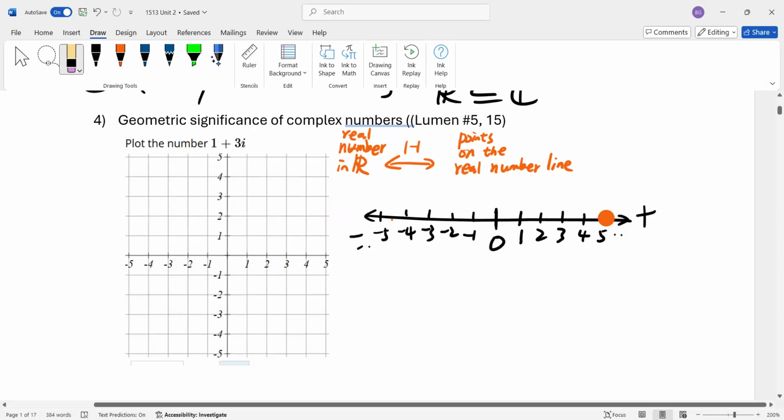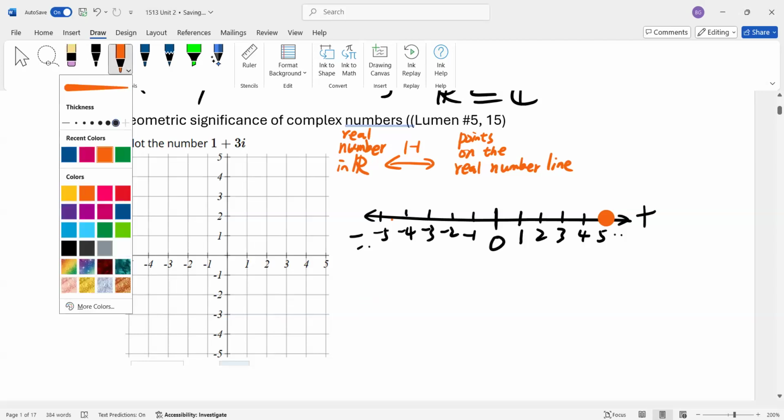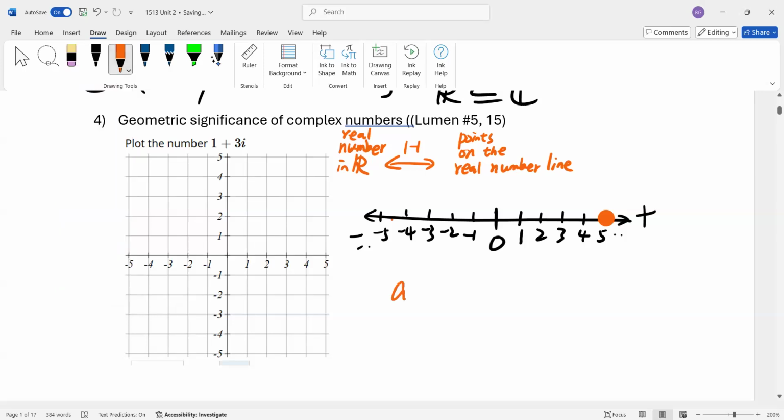A complex number looks like this, right? A plus B, A plus Bi. In the complex number set, you know what there is? This means a correspondence. Okay, this is not a real number line. It's very short.